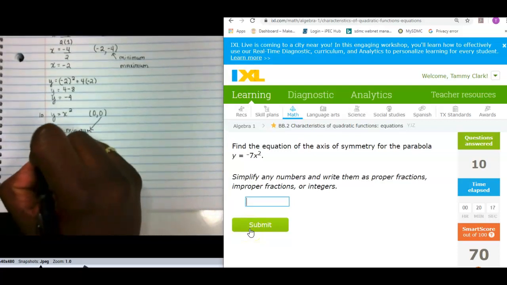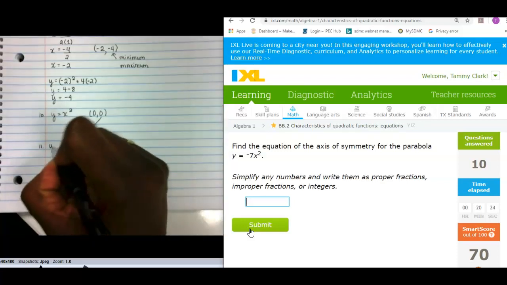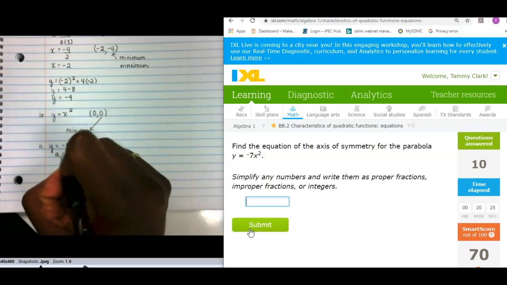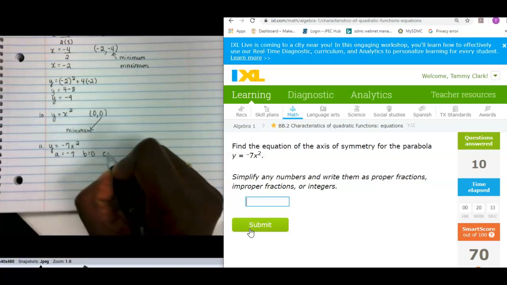Our next question. Find the equation of the axis of symmetry for the parabola y is equal to -7x squared. So we've got y is equal to -7x squared. A is -7, B is 0, C is 0.